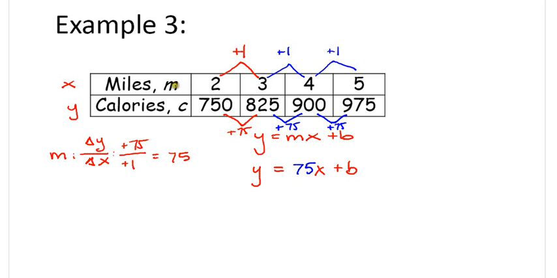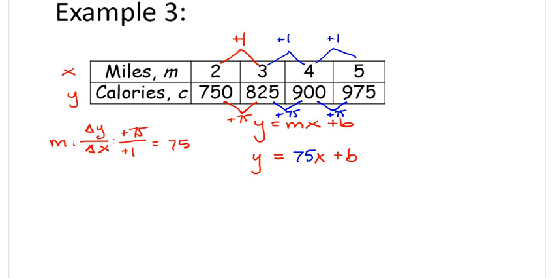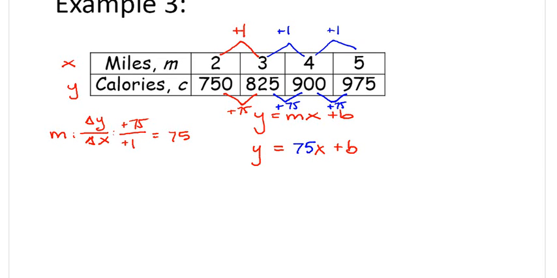So that means in this example, I have to substitute in the slope and the point. So if my slope is equal to 75 and I have a point, I'm just going to pick the one that looks easiest.